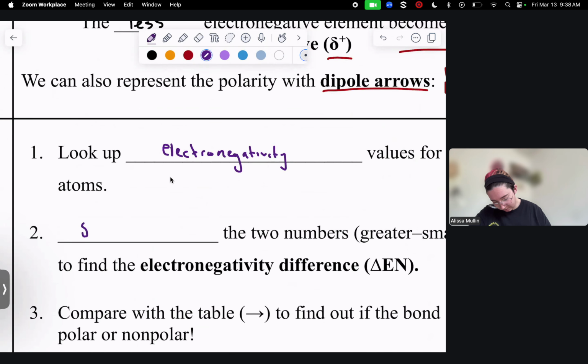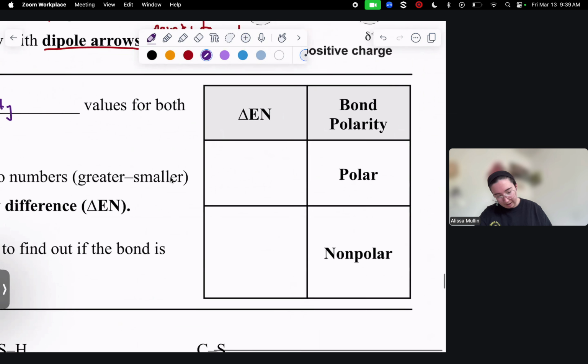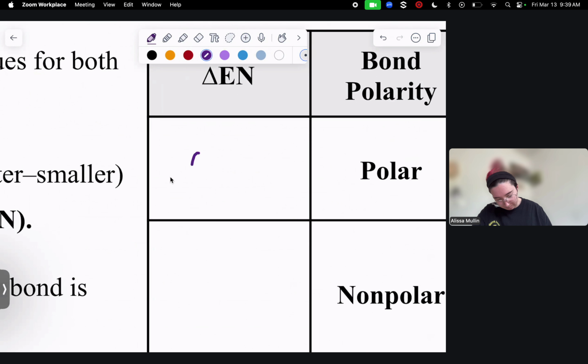We're going to subtract the small number from the big number and see what the difference is. And if that number is greater than 0.4, you can write it out in words if you prefer, we say it's polar.